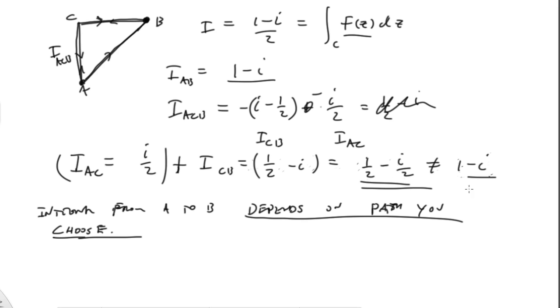You don't get the same result if you go on different paths. But I did do my arithmetic wrong. So this is the correct result, although the result in terms of dependence on path is the same. So thank you very much.